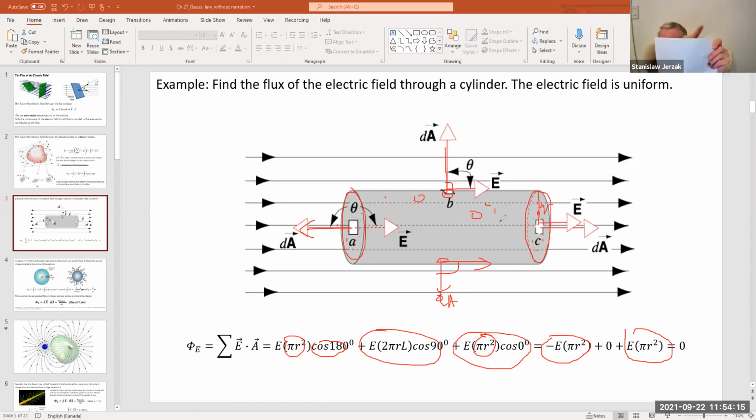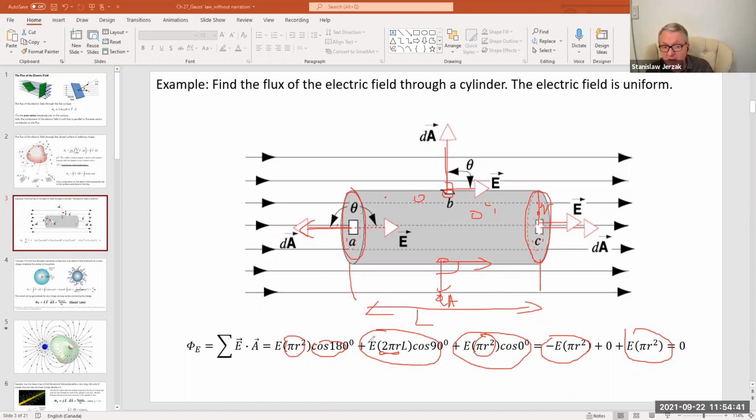And this is the length of my cylinder, length L. So that side surface is really a rectangular area. One side of the rectangle is 2 pi r, and the other side is the length of the cylinder, capital L. So 2 pi r times L is the area.